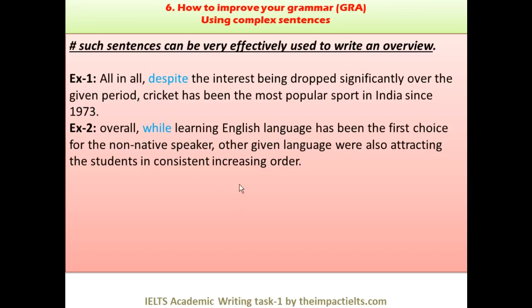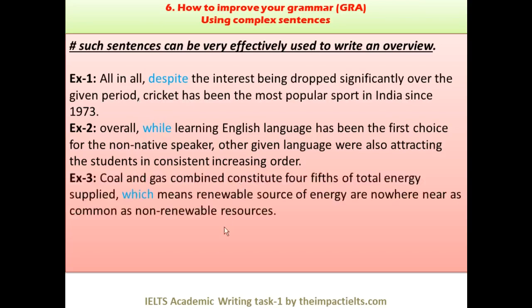I'm going to do a next video on punctuation itself. Coal and gas combined constitute 4/5 of total energy supplied, which means renewable sources of energy are nowhere near as common as non-renewable resources. What I've used here is which.